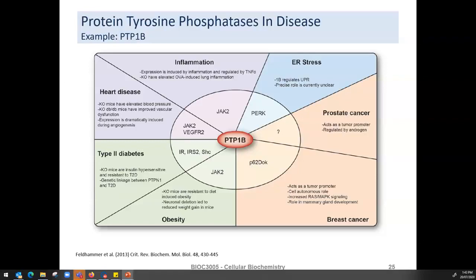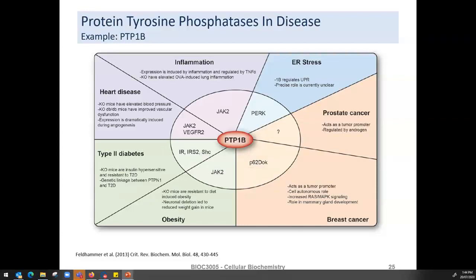The PTP1B has also been shown to have pro-tumorigenic properties in both breast and prostate cancer when it interacts with the p62 Dok.